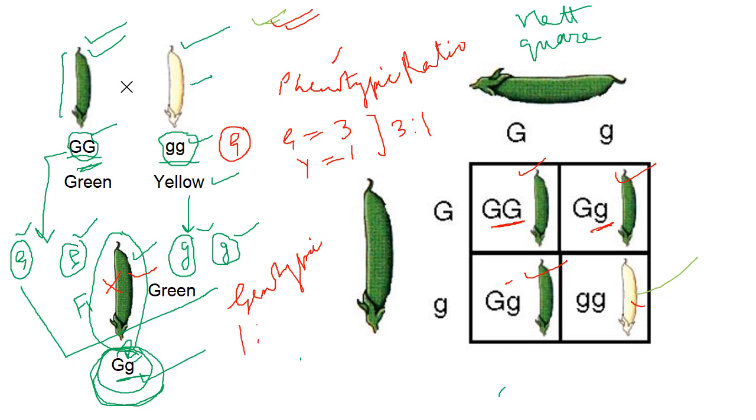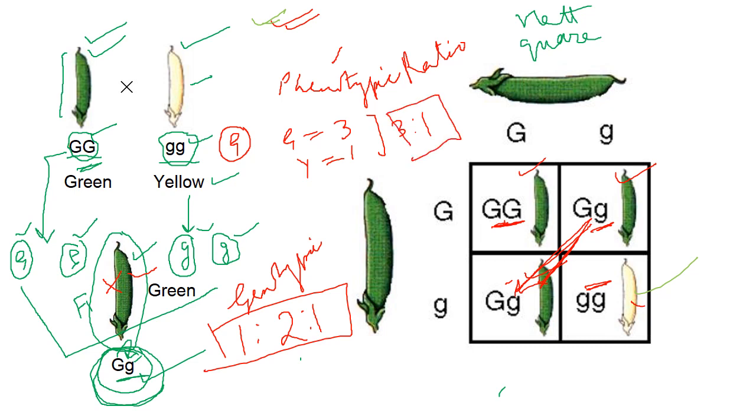Capital G small g is twice, so it will be 2, and small g small g is once, so the genotypic ratio will be 1:2:1, and the phenotypic ratio will be 3:1. So this is another example of a monohybrid cross, and this explains the law of segregation very well.